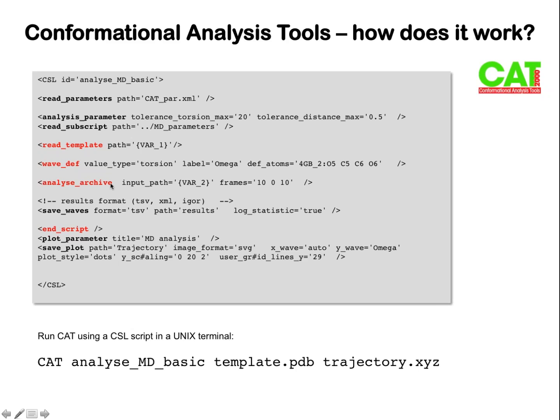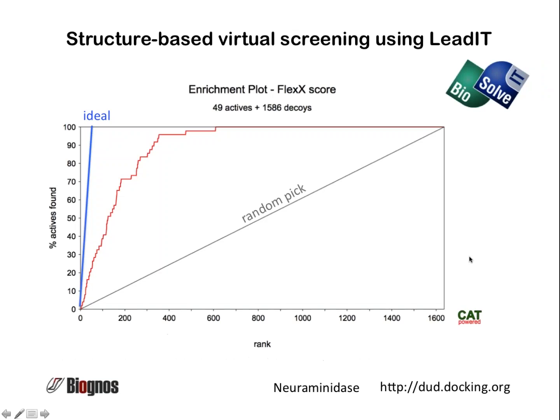You then analyze your archive, a trajectory for example, or another SD file, and then you save your output. It is also possible to generate nice plots, a few of which you have seen already. Then you just run it in a Unix script, and usually it doesn't take very long to perform even complex analysis.